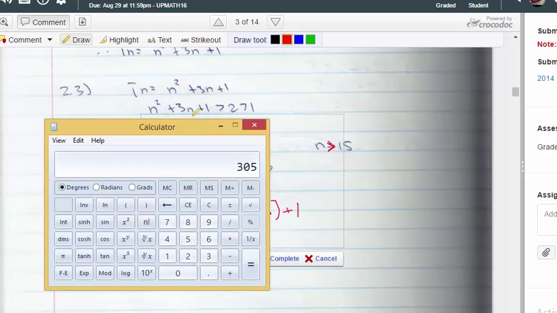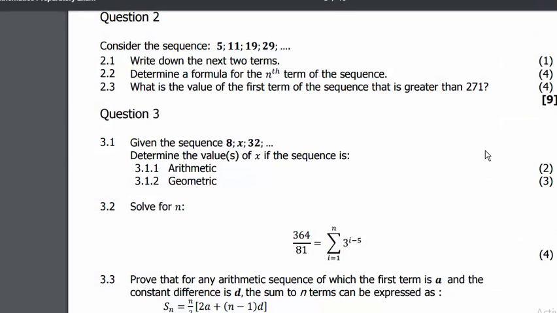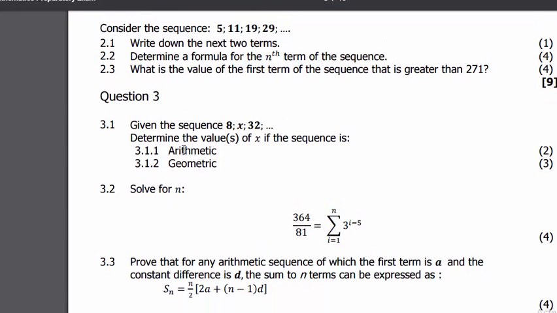It's 305. That's the value of the first term greater than 271. Okay, next question, question 3.